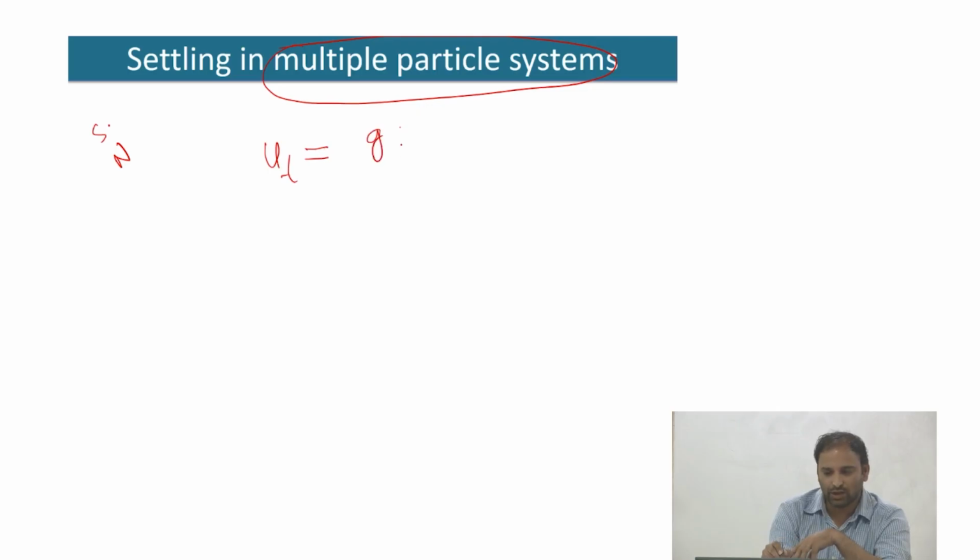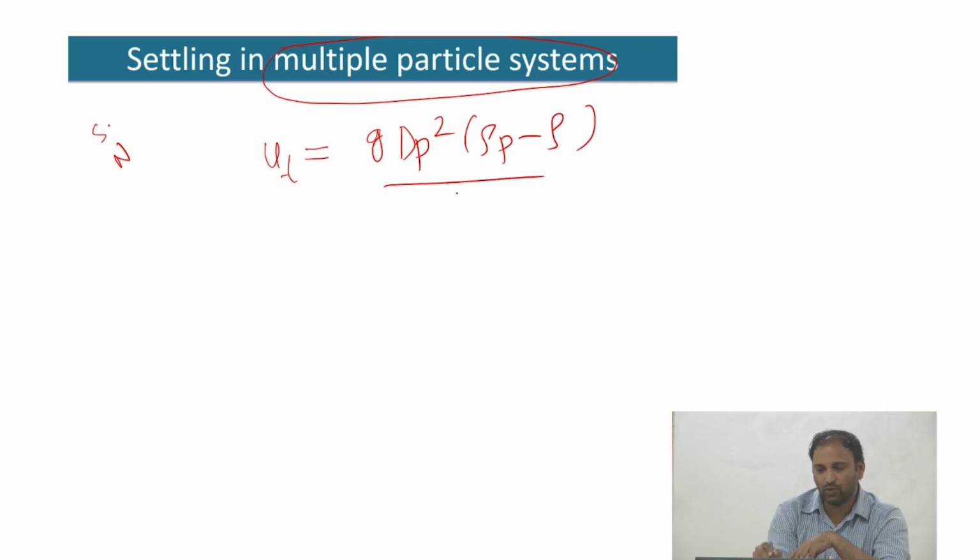So we took g dp square into rho p minus rho divided by 18 mu, and you modify it to suit the multi-particle system. We said you're going to make two modifications.